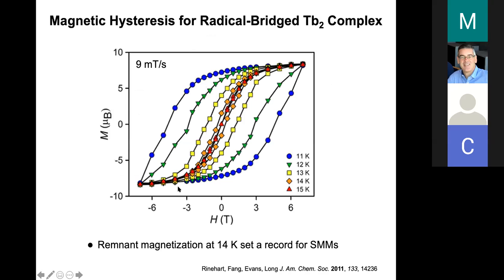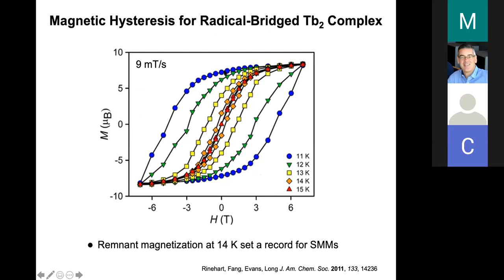And what's interesting about this molecule is that you can see here, it shows magnetic hysteresis up to about 14 Kelvin, right? And at that time, that was a record for the blocking temperature for a molecule. But you'll note that you don't see the same dips around zero field due to tunneling.